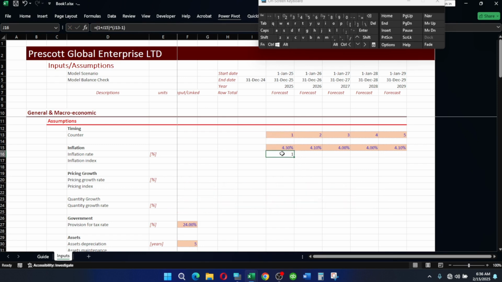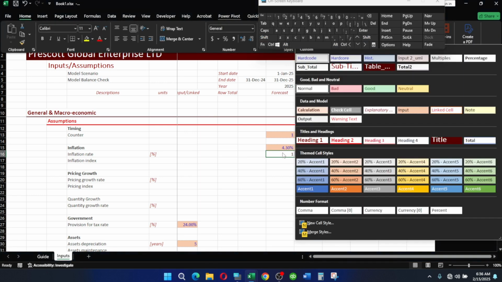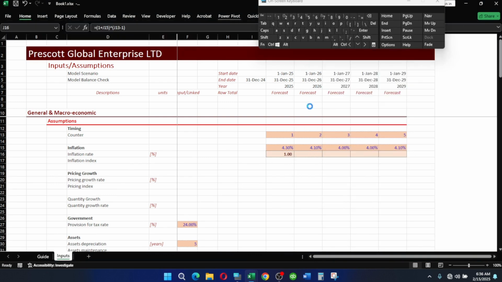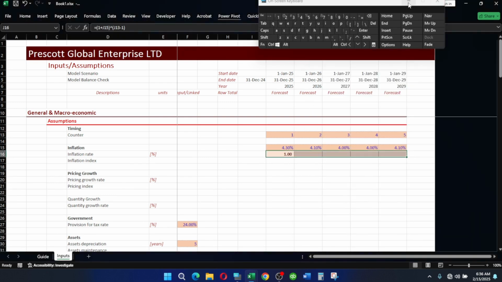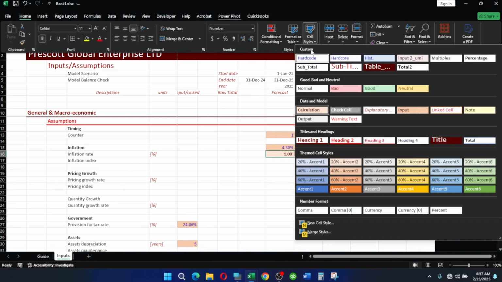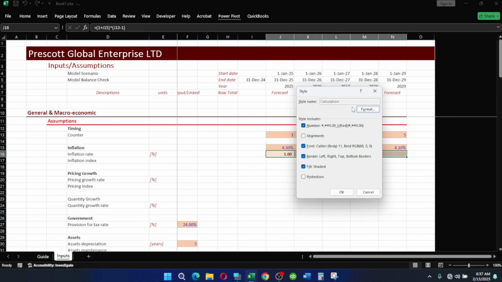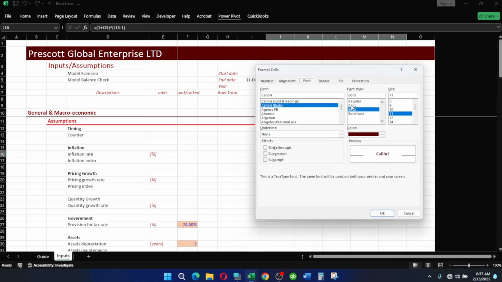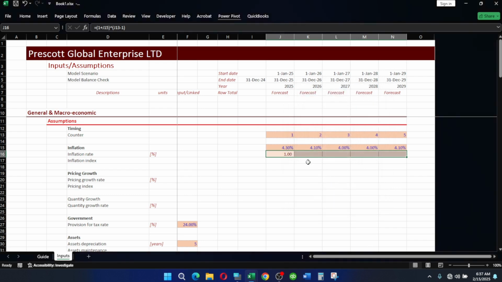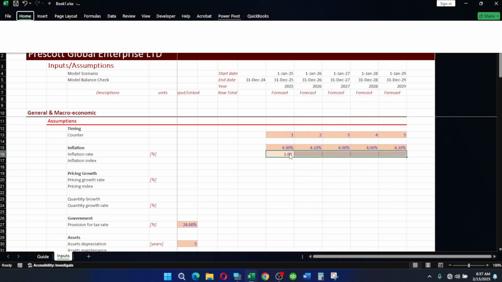So this is exactly where we're going to apply our multiples. Its calculation is not supposed to be in bold. Why is it bold? It's regular. So we are going to apply our multiple to this.